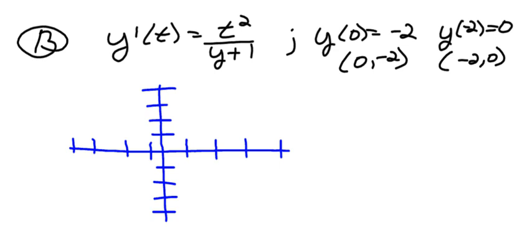But the long story short, if I go to draw all these little slopes, and then I want to pin down at the point (0, -2), and at the point (-2, 0).